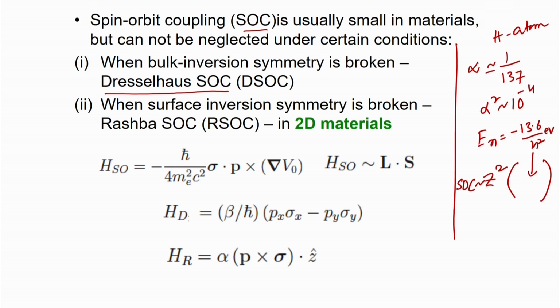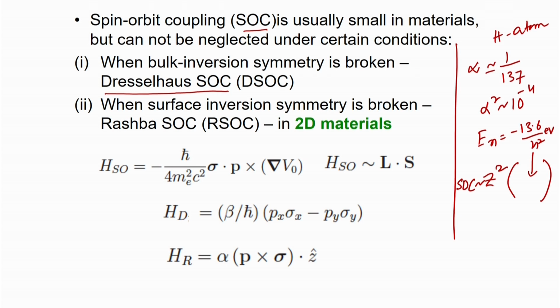And surface inversion symmetry is mainly broken in 2D materials. So, the environment at the surface is very different: the environment above the surface is very different from the environment below the surface, and hence this is important in 2D materials.